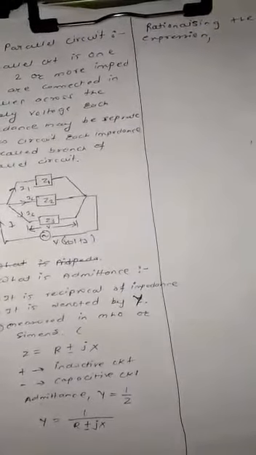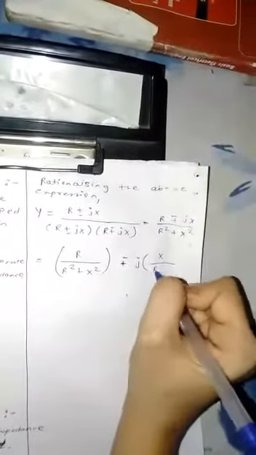Rationalizing the expression, Y = (R ∓ jX)/((R ± jX)(R ∓ jX)) = (R ∓ jX)/(R² + X²). Now we get R/(R² + X²) ∓ jX/(R² + X²).